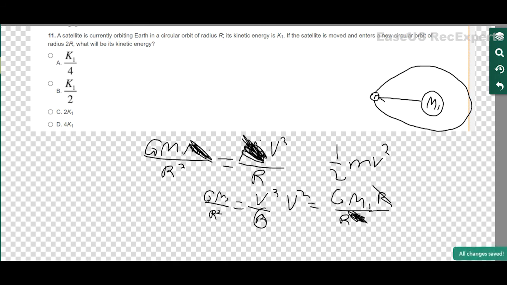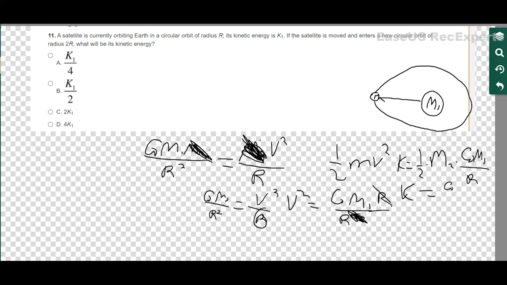So in this case, our kinetic energy will be equal to 1/2 times m2 times this over here, your G m1 over r. So essentially what we can do now is simplify this.